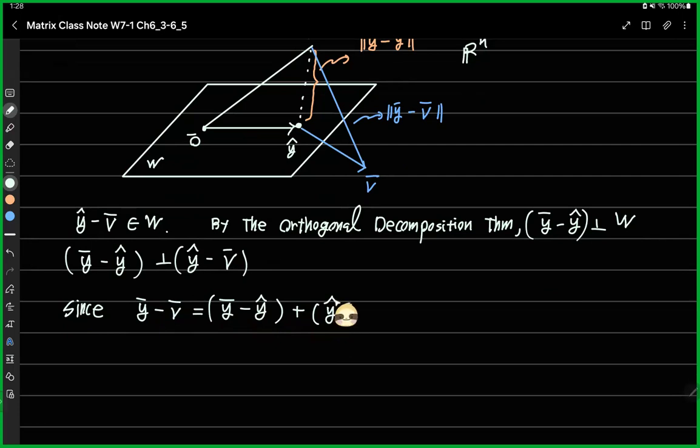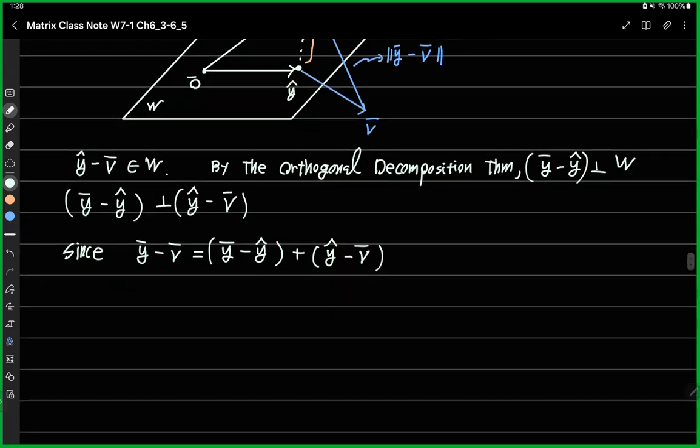We just add a zero vector. Now we apply the Pythagorean theorem of the norm: the norm of Y minus V squared is equal to the norm of Y minus Y hat squared, plus the norm of Y hat minus V squared.